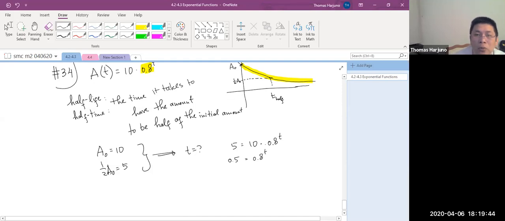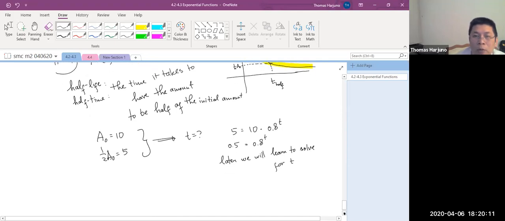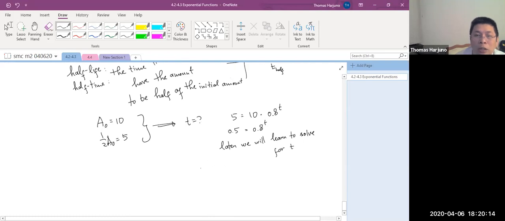Okay, so later on we will learn to solve for t. But for those who already took this class before or remember something from your Algebra 2, this t is actually log base 0.8 of 0.5.